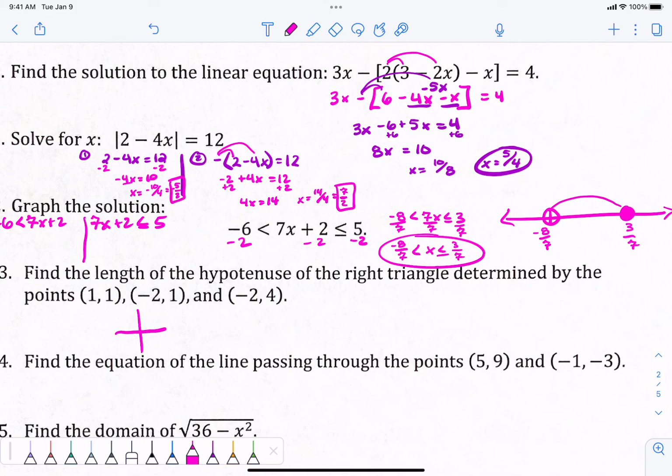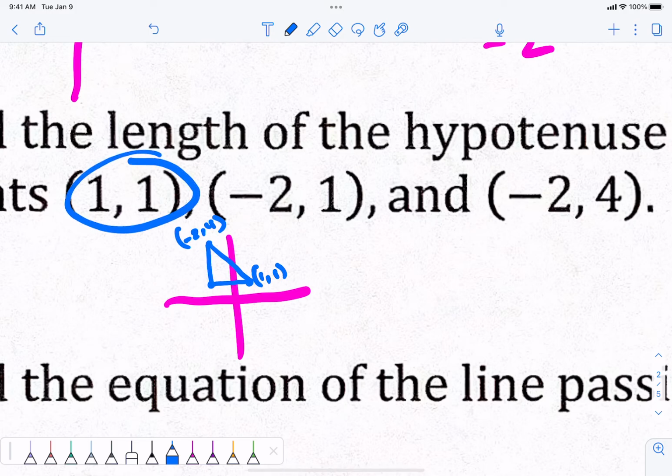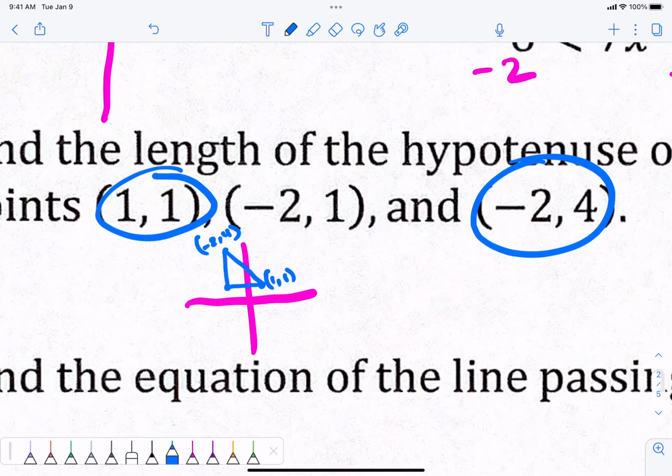We have to do the distance formula, but I don't know which one's the hypotenuse. So 1, 1 is here, negative 2, 1 is here, and negative 2, 4 is here, right? So the hypotenuse will be the points from 1, 1 to negative 2, 4. You see that? This guy to this guy. And we need to find the length of that.